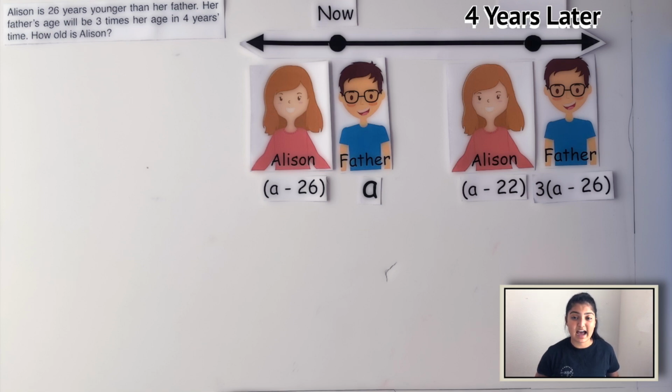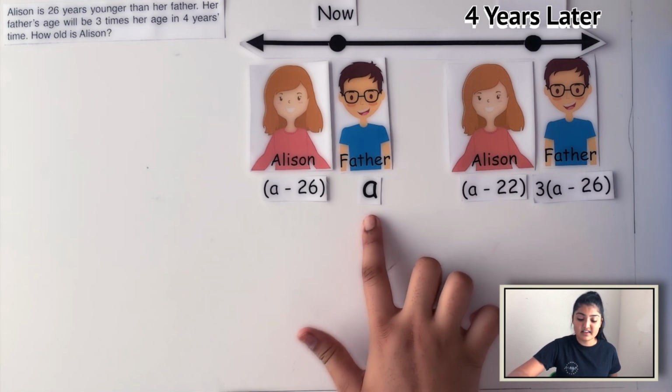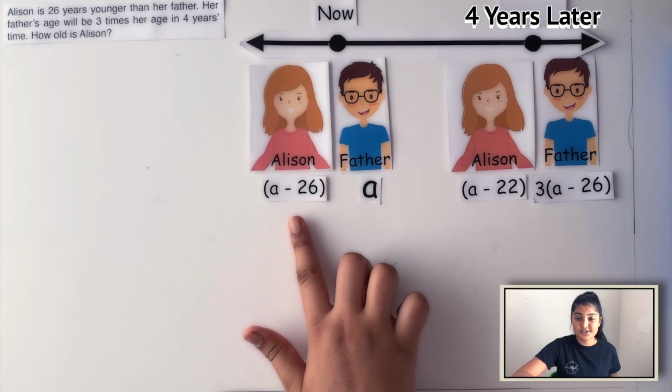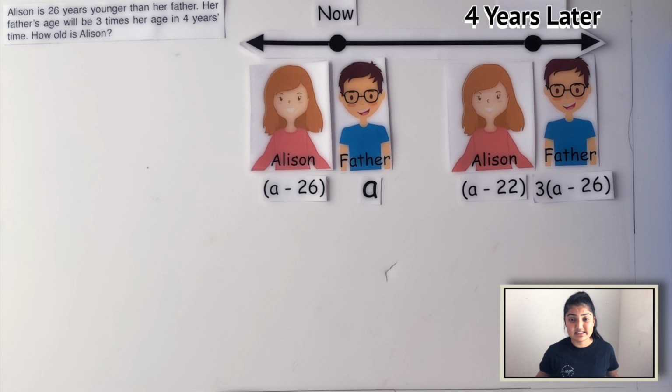Remember what we looked at in the previous problem. The difference between her father and Alison's age will always be the same. In other words, the years between her father's age and Alison's age will always be the same regardless of how old they are.